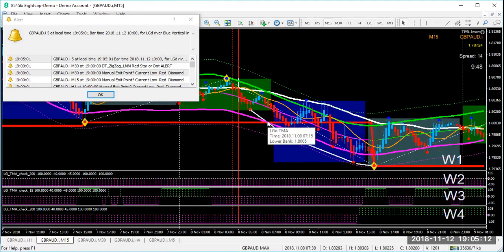Now, at these points where price is giving you a manual exit, you'll get an alert saying manual close, manual exit close, question mark, etc. That's the point to get in, because the price wants to jump and keep going down. A lot of times it goes up like this.